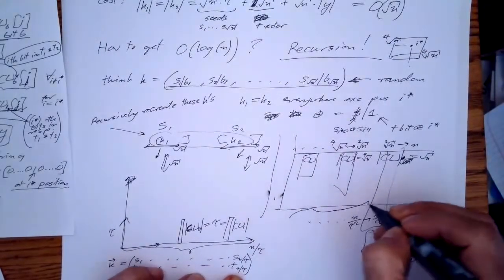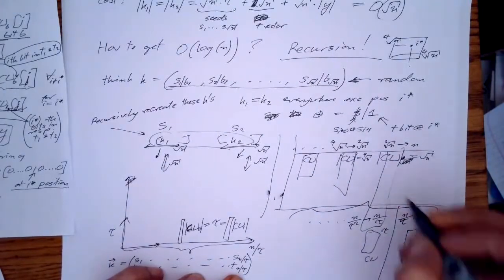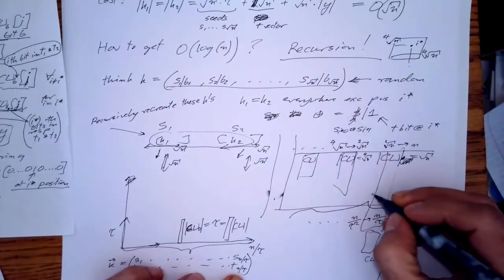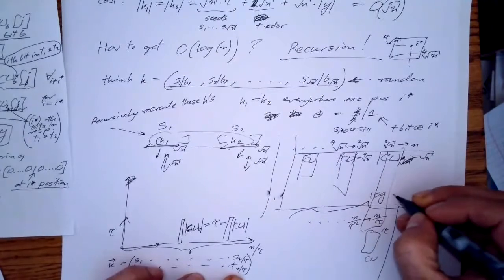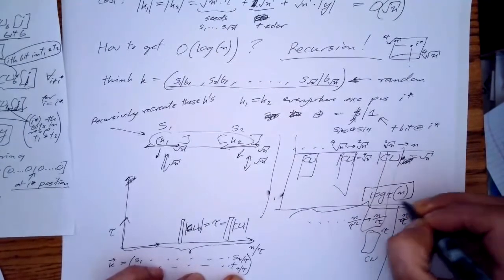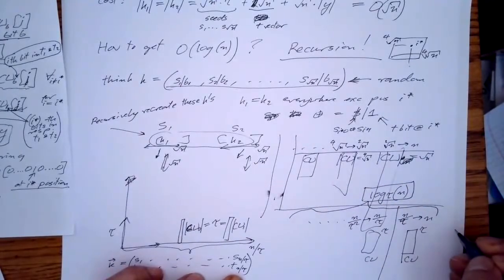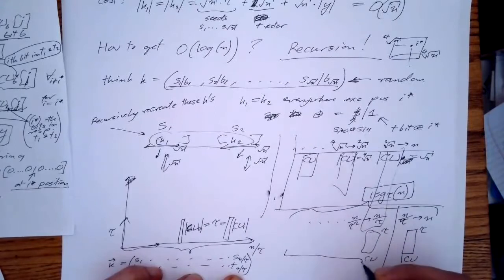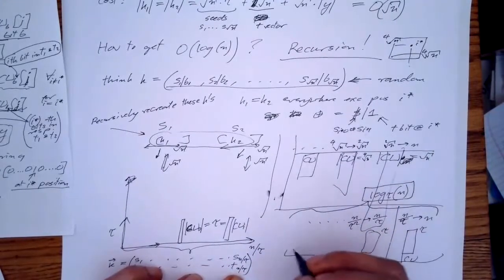So how many of these do you have? Log base tau of n. That's how many layers of recursion you have. And how much did you pay for each? What's the total bandwidth here? It's the CWs. They dominate.